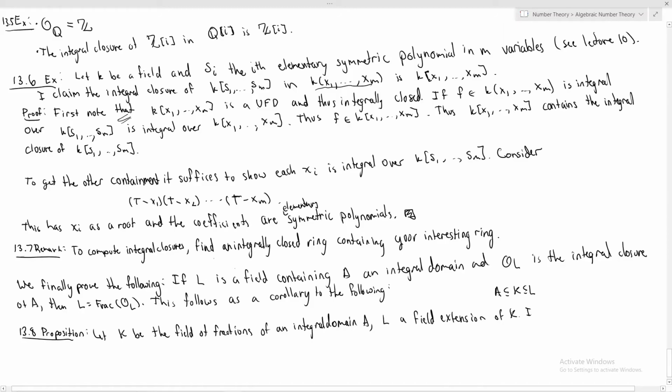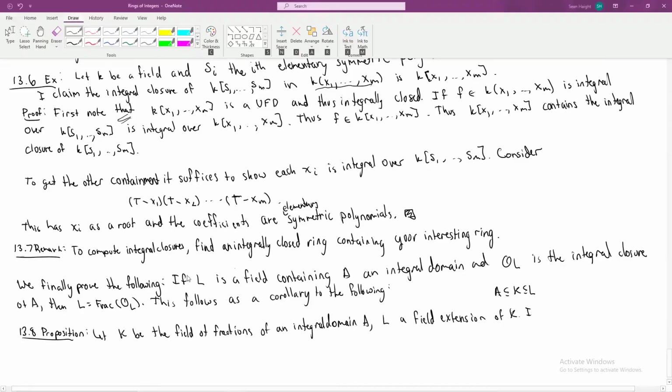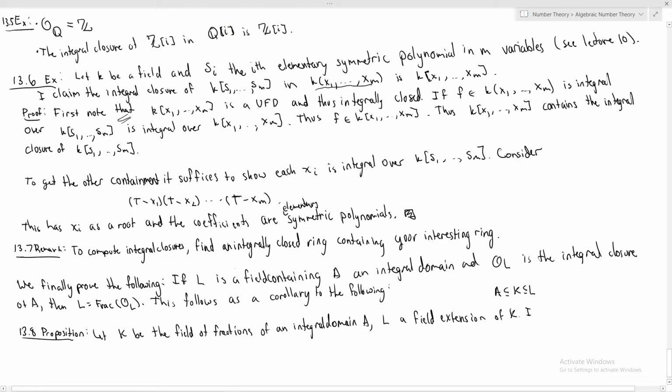So I'm going to rewrite this carefully. I'll just state it for the number field case. It holds more generally, but the case we really care about is the number field case.